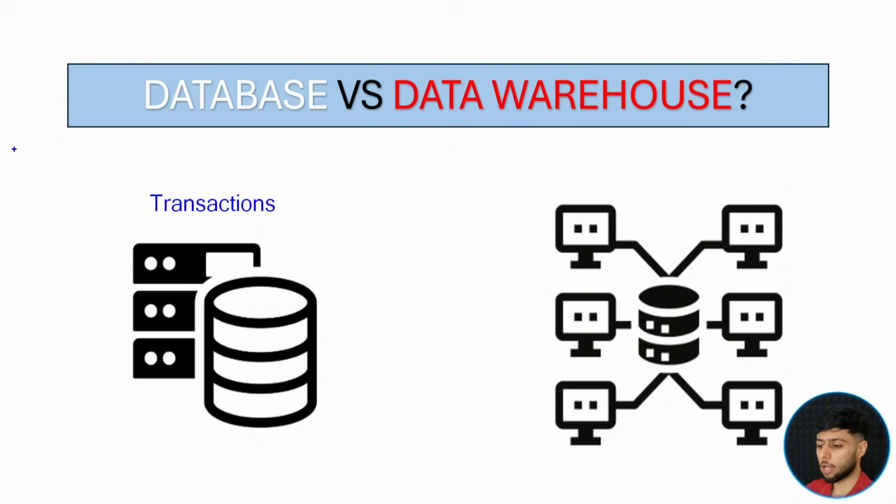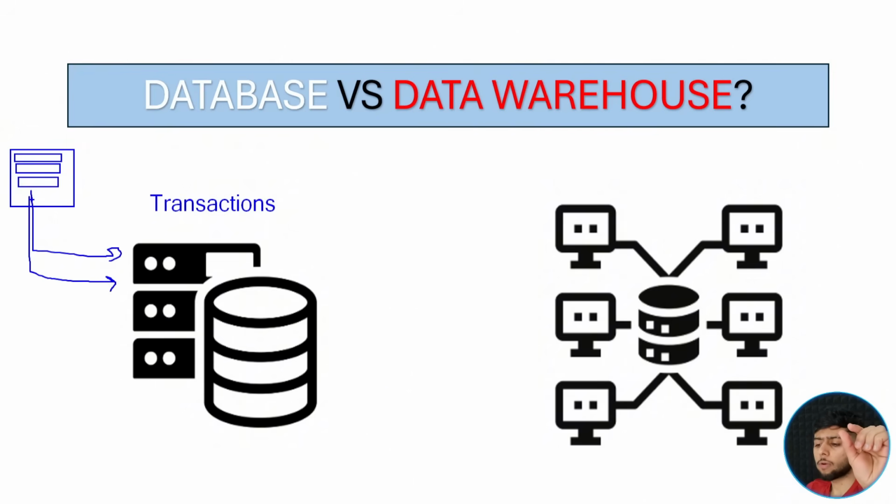Let's say your company is a fintech company, dealing with transactions in the form of credits and debits, money in and out. All those interactions will be stored in small chunks. Whenever a person puts some money in the application, it will be stored here.